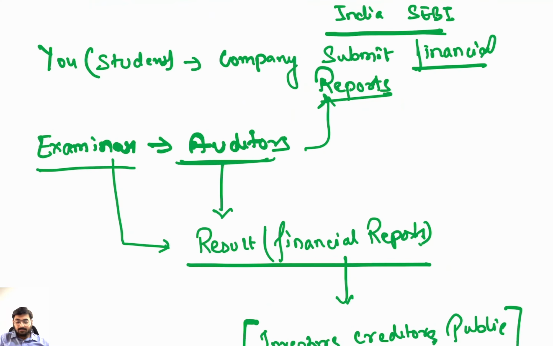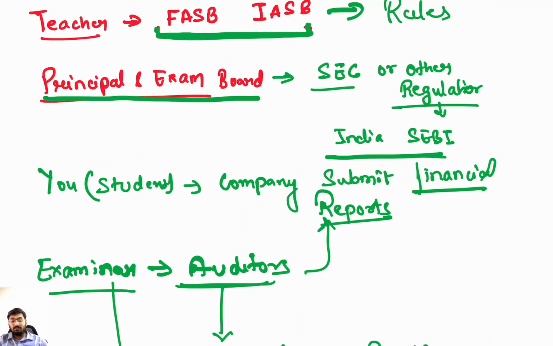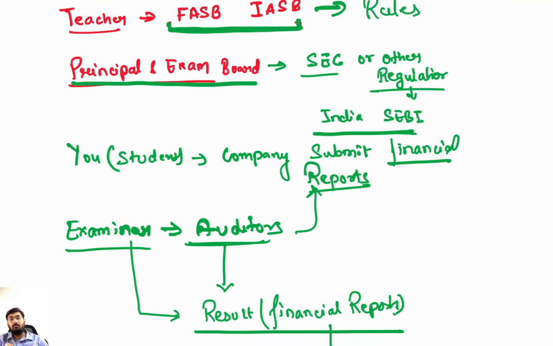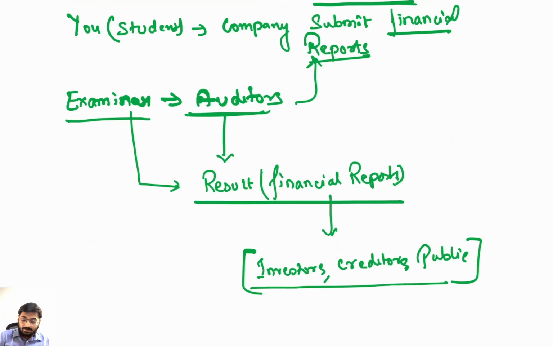Clear? So this is just to set the theme. I have given you the whole theme of what we are going to study, and now we are going to study them in detail. There will be approximately 7 points we are going to cover.